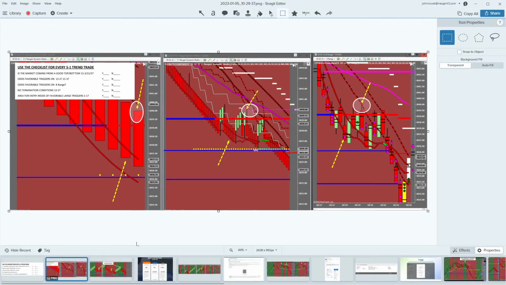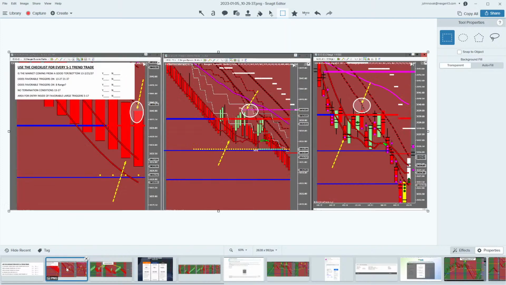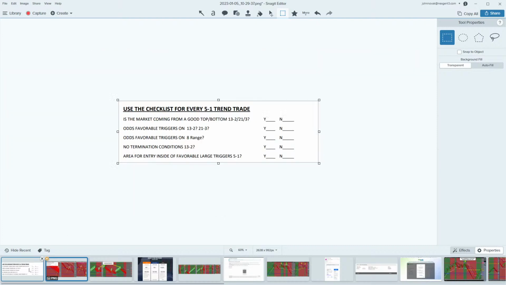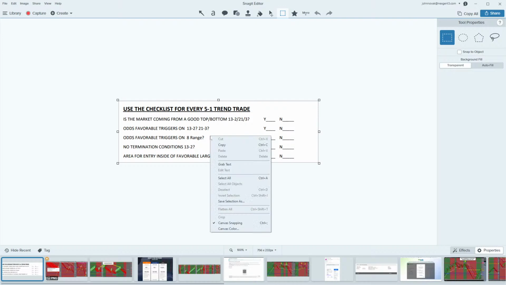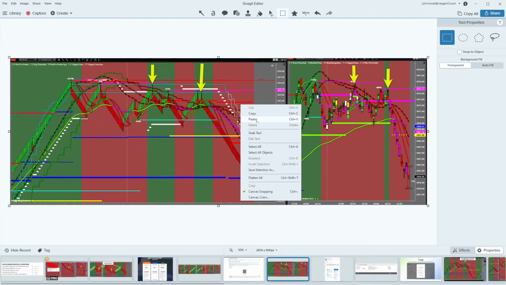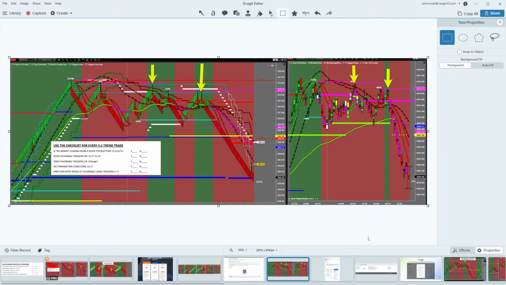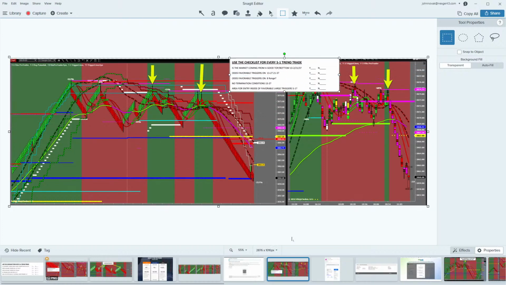Look, I have different pictures. I can take a picture of a chart and then copy and paste another picture. I can take my checklist, copy it, go to a different picture and paste it on there. That way I can have all of my trades and all of my pictures, and I can go through and say, does my checklist pan out?